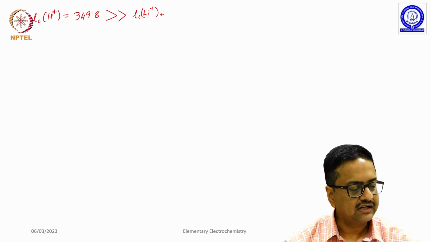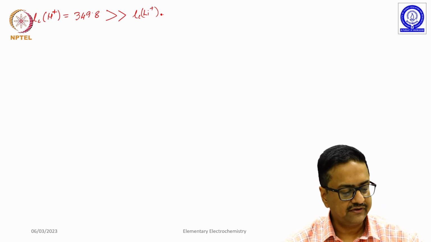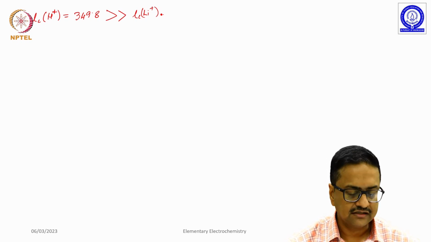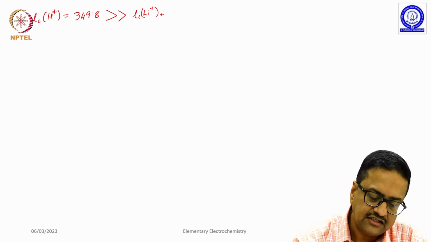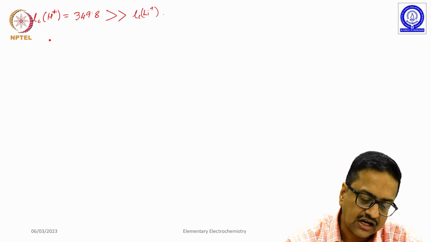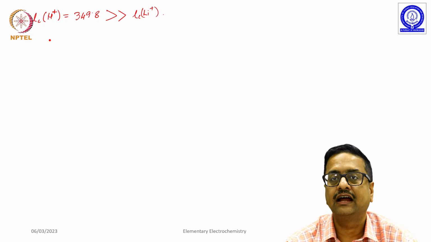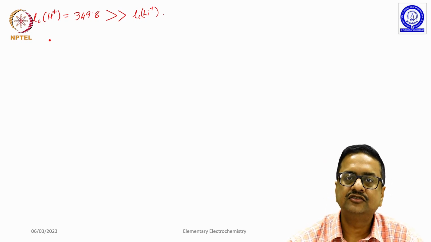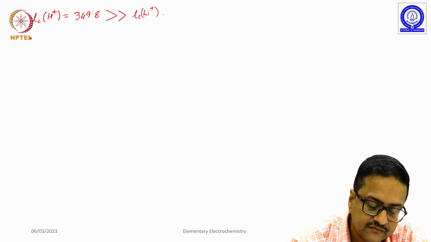So, this very high value of Lc for H+ is attributed to a different reason, that is how this H+ ion carries the charge from one end to another, the mechanism of that charge transfer.